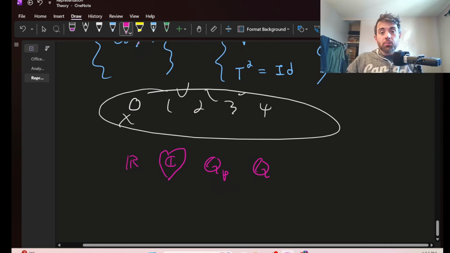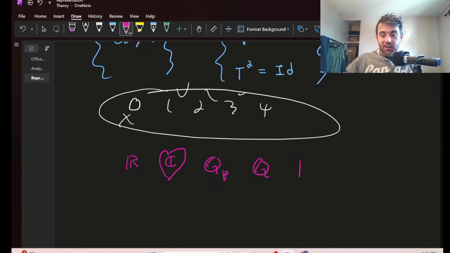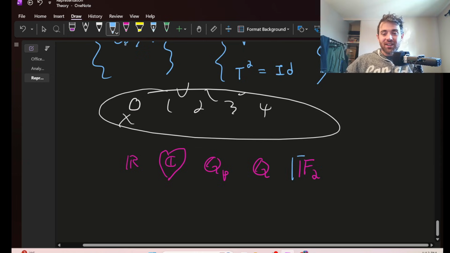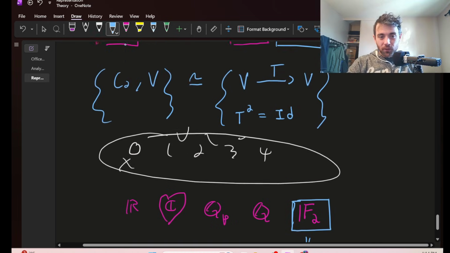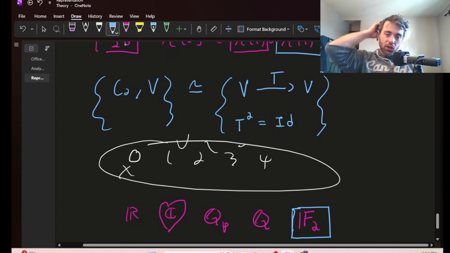But what is arguably the easiest field to deal with? Well, I would say the finite fields, and in particular, what's the easiest finite field? That is just F2, right? The field with two elements. So it itself contains 0, 1 with addition and multiplication. So what does that look like then?